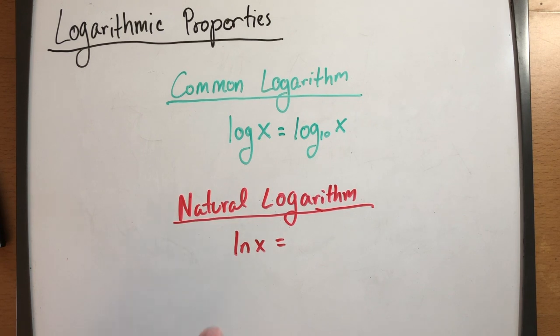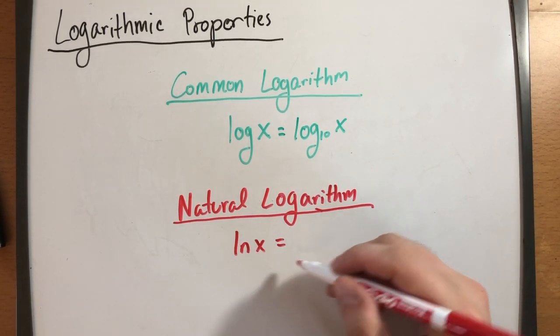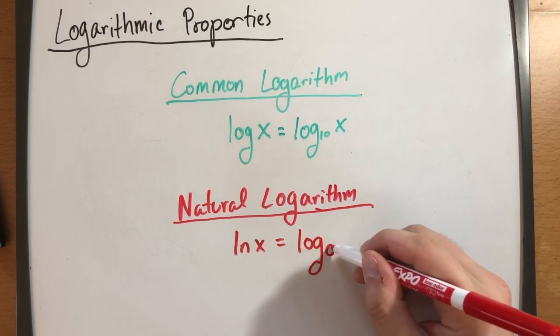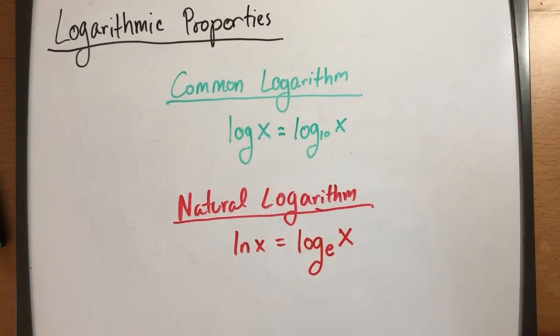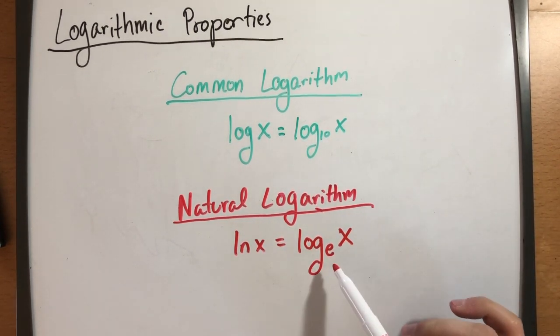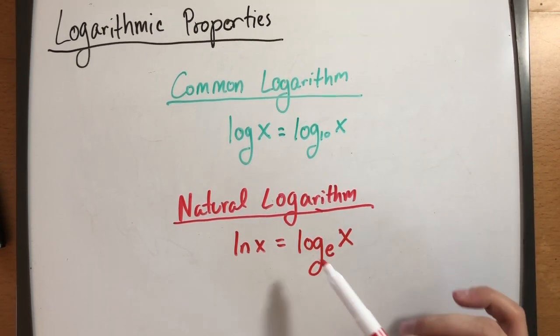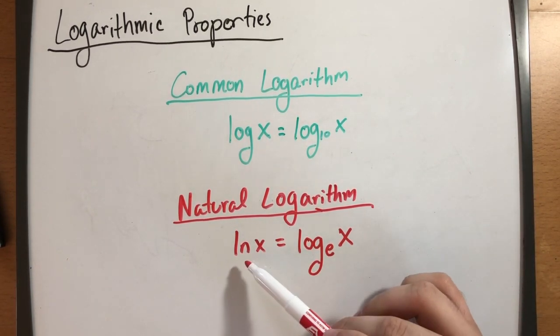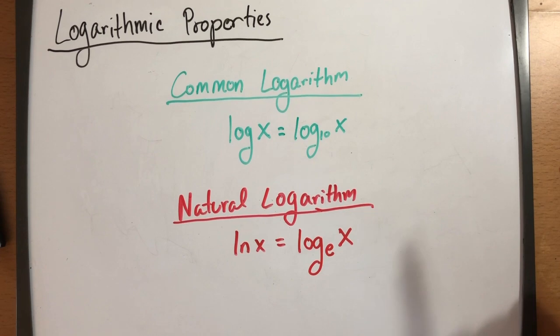This notation is reserved only for a specific type of base, and that base is base e. So here, when you see ln of x, this is the same exact thing as saying log base e of x. But once again, you do not write base e. Instead, you rewrite the logarithm as ln, and that represents ln of x.